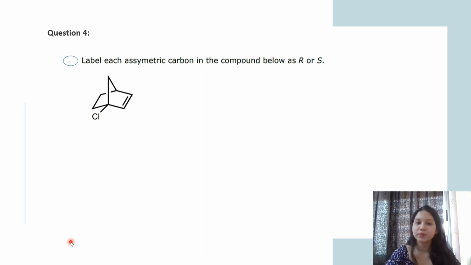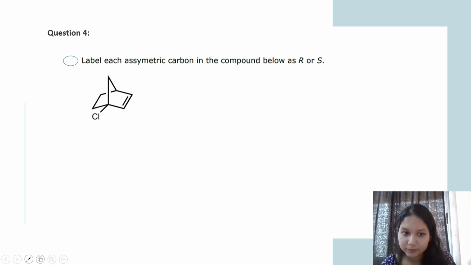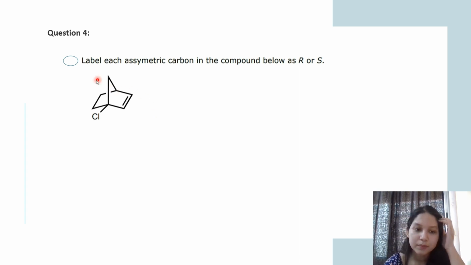Let us move to the next question. We have to label each asymmetric carbon in the compound below as R or S. You are given this bridged polycyclic molecule where you have a chloro substituent in the bridgehead position, and this molecule also possesses a double bond.